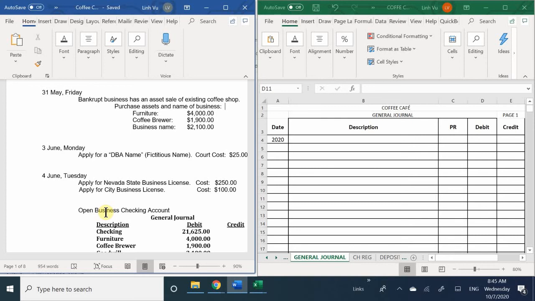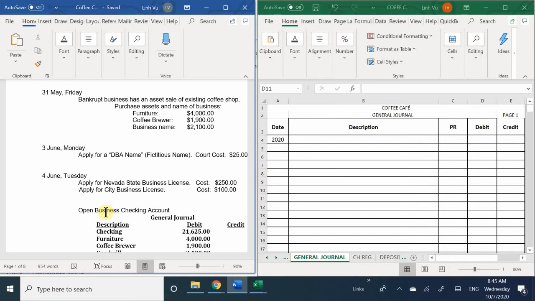So you have to apply for the state and also for the local place where you do your business. In this case, I racked up another $350 in costs applying for my business licenses.